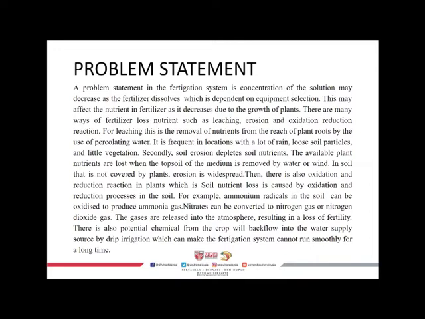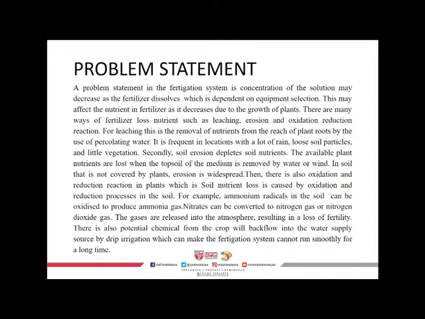There are many ways fertilizer loses nutrients, such as leaching, erosion and oxidation reduction reaction. Leaching is the removal of nutrients from the roots of plants by the use of percolating water. It is frequent in locations with a lot of rain, loose soil particles and little vegetation.